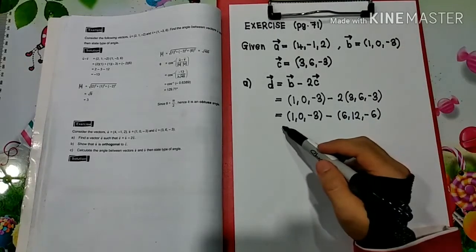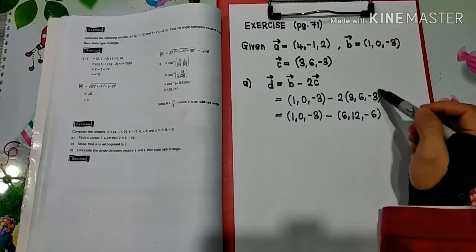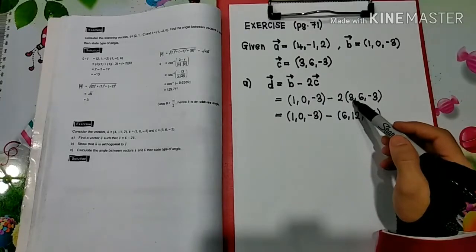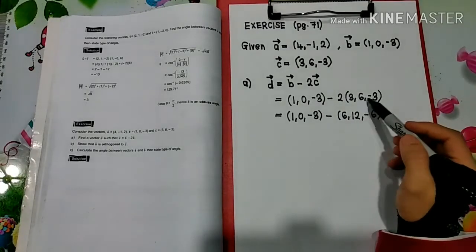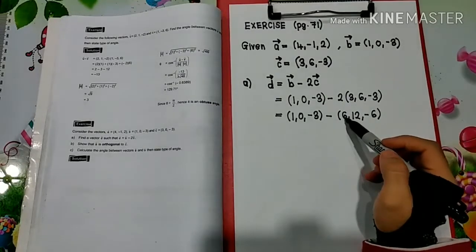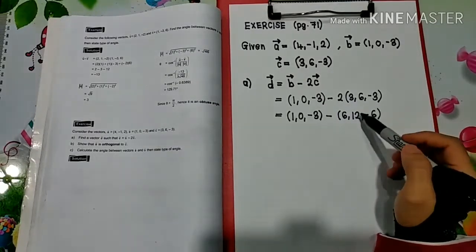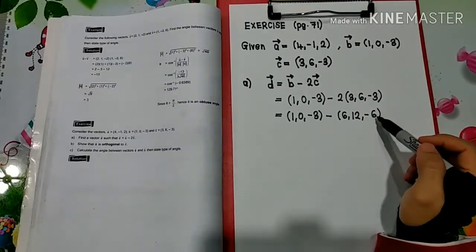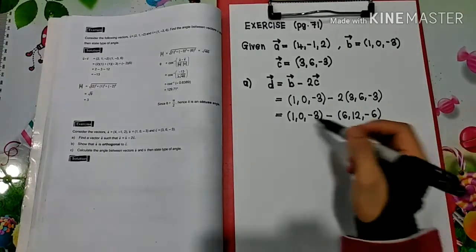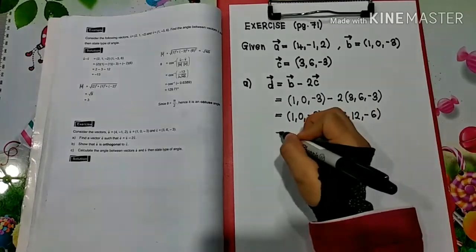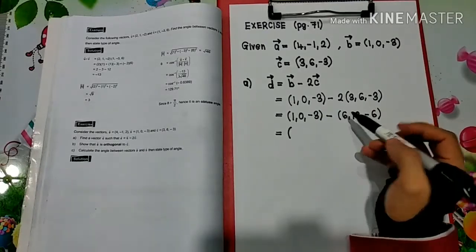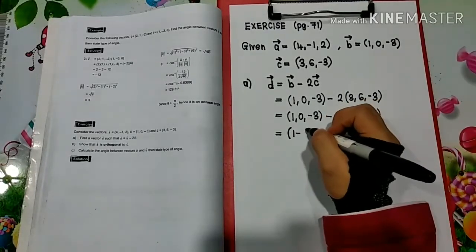Next step, we do the scalar multiplication for this part. 2 here you multiply with all the elements inside this vector. So 2 multiplied with 3, you get 6. 2 multiplied with 6, you get 12. And 2 multiplied with negative 3, you get negative 6. Then we solve the subtraction. You subtract the first element with the first element of the second vector, so 1 minus 6.